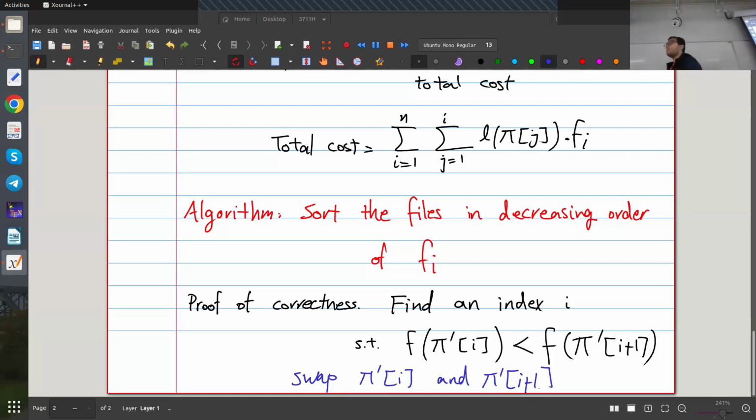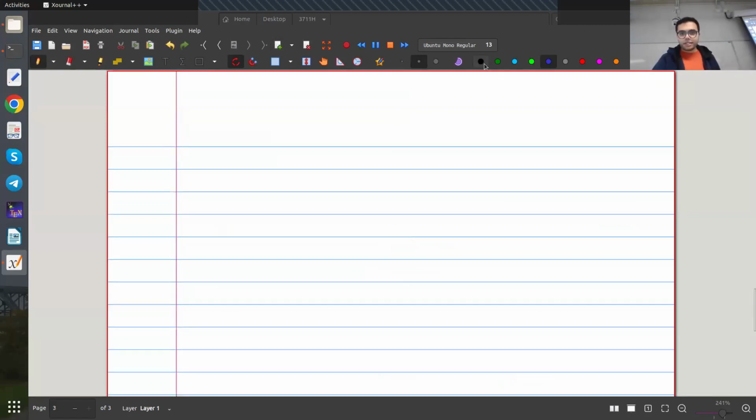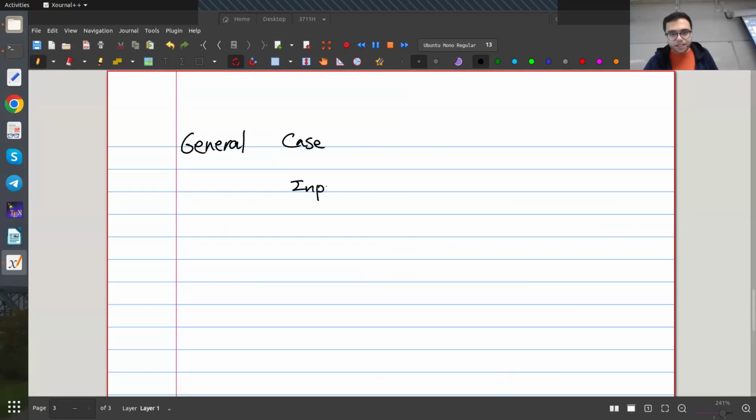We've seen a case where we had different lengths. And we've seen a case where we had different numbers of accesses or different frequencies of accessing each file. What if we have both of them? So this is finally the general case in which my input, again, consists of n files. Okay.